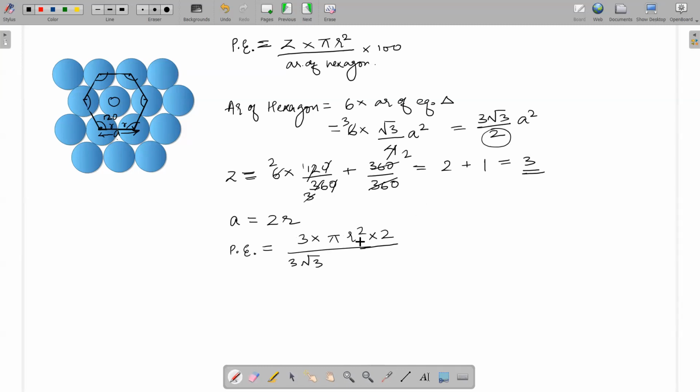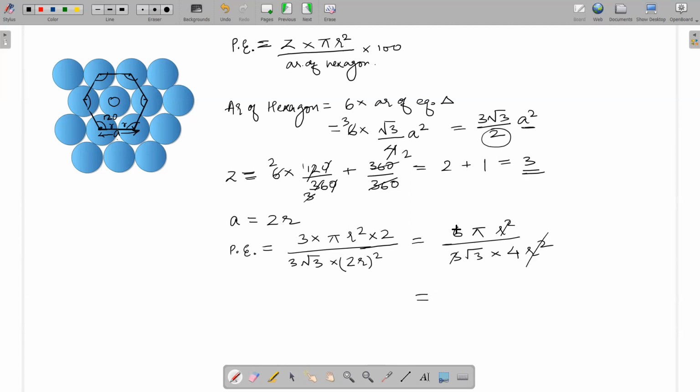I have multiplied A here, then I have to multiply 2R there, square. This is A square now, so it will be 2R whole square. So this will be equal to 6 pi r square upon 3 root 3 into 4 r square. So we can first of all cancel these r square.